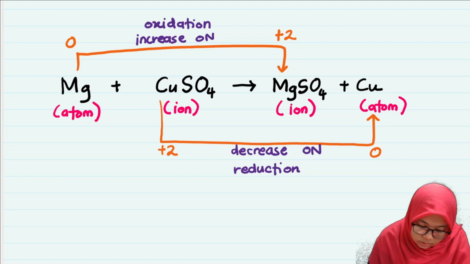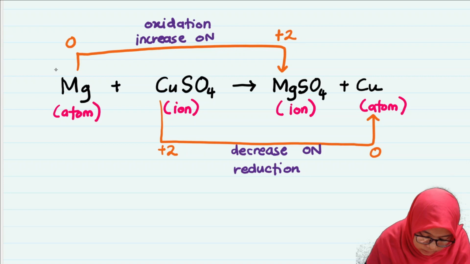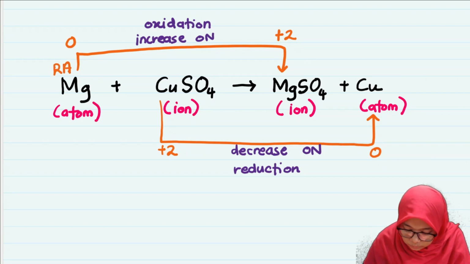So the same goes for the agents. In the oxidation reaction, magnesium is the reducing agent. So copper 2 plus ion, or copper sulfate, is the oxidizing agent.